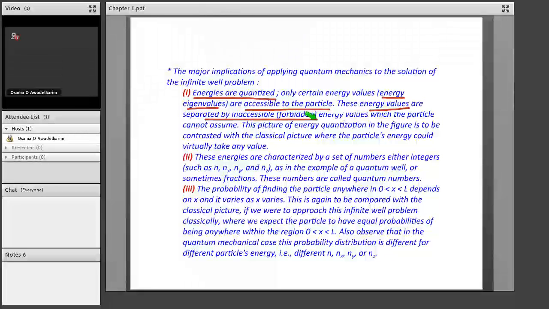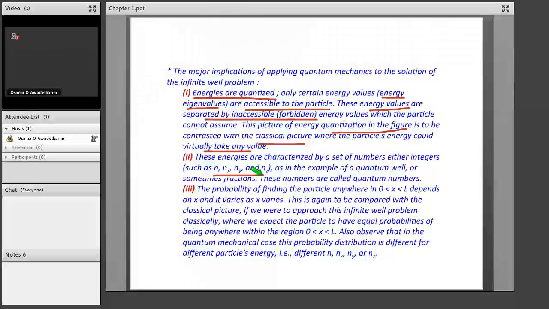This picture of energy quantization is to be contrasted with the classical picture where the particle energy could virtually take any value. These energies are characterized by a set of numbers, either integers, as in the example of the quantum well, or, as we will see later, they could be half integers, right?